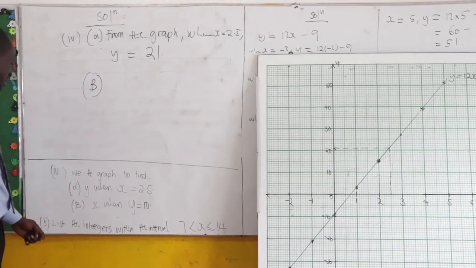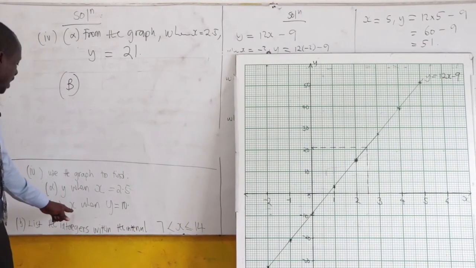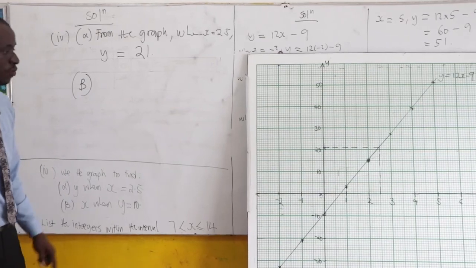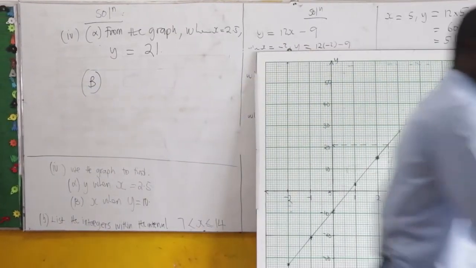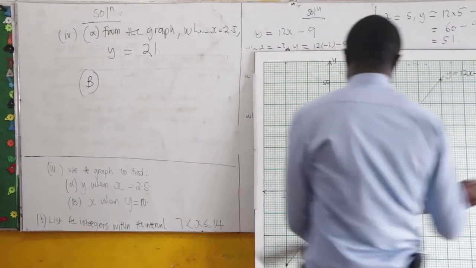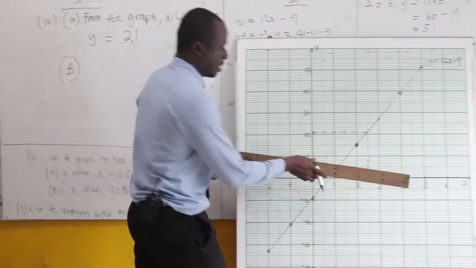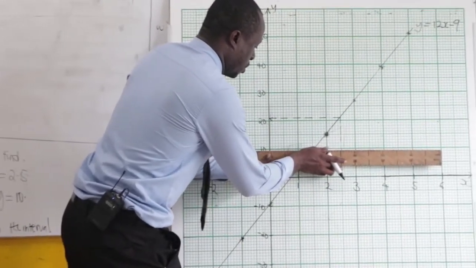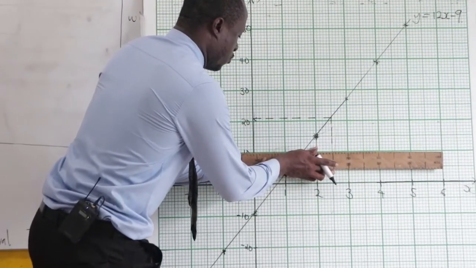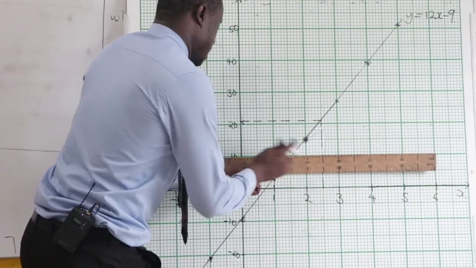Now, what is the next part saying? It says we should find the value of x when y is 10. So we have to come to where 10 is. This is y equal to 10. We make dashes to touch the line and trace it down to our x-axis.